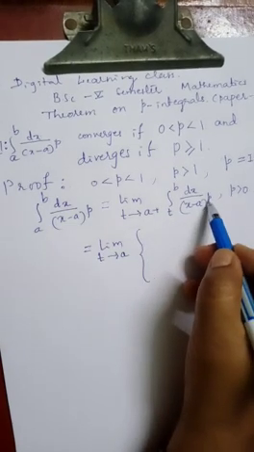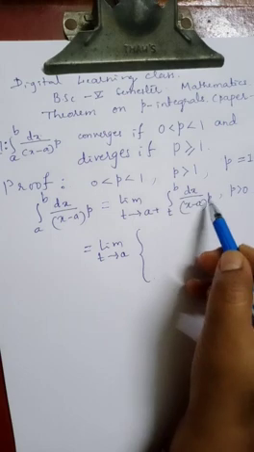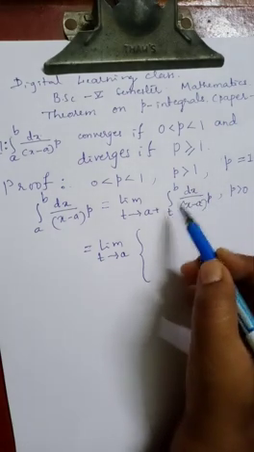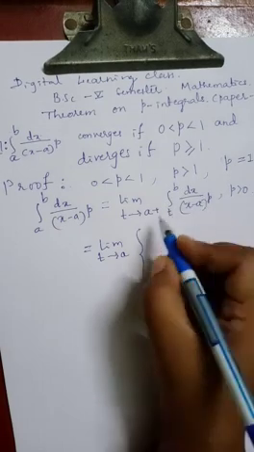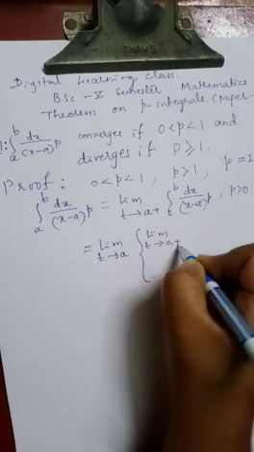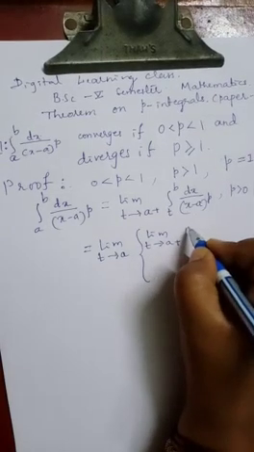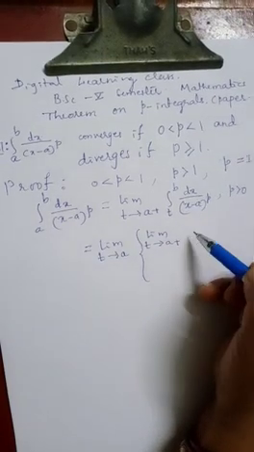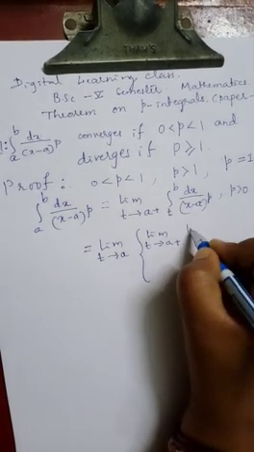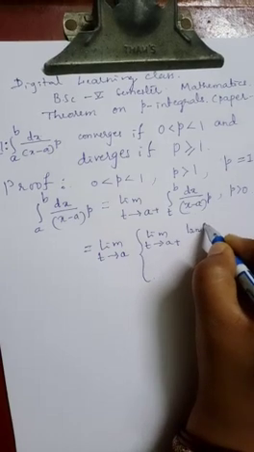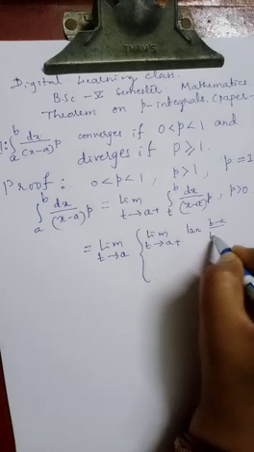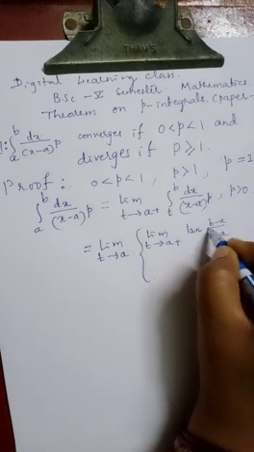When p becomes 1, then the integrand becomes 1 by x minus a. After integrating and substituting the limits, we get the limit as t tends to a plus of, after simplifying, ln of the magnitude of (b minus a) by (t minus a).